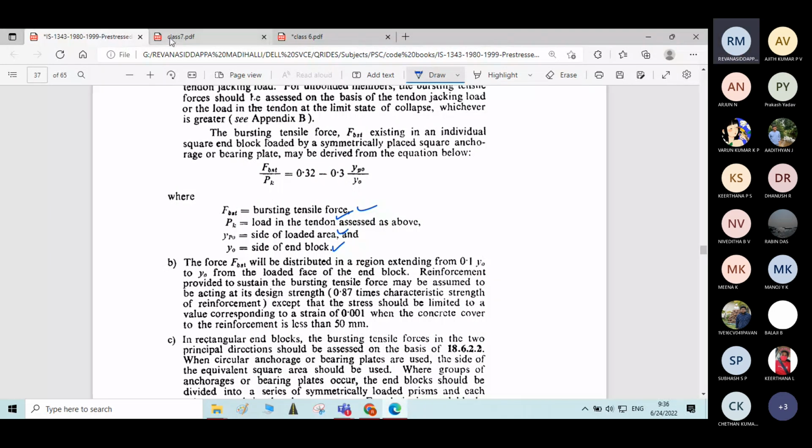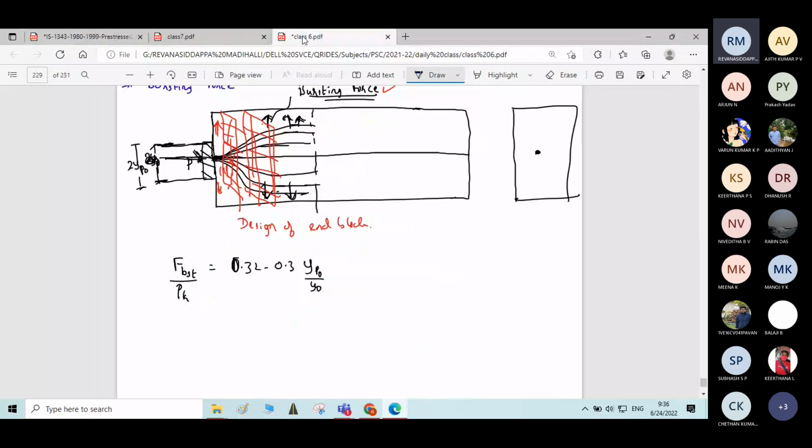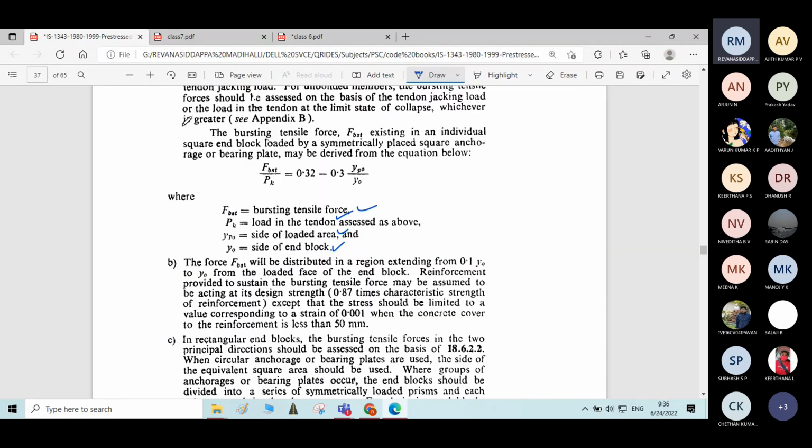Whatever the depth of the plate is, we consider it as yp naught, and y naught is nothing but the side of the end block.